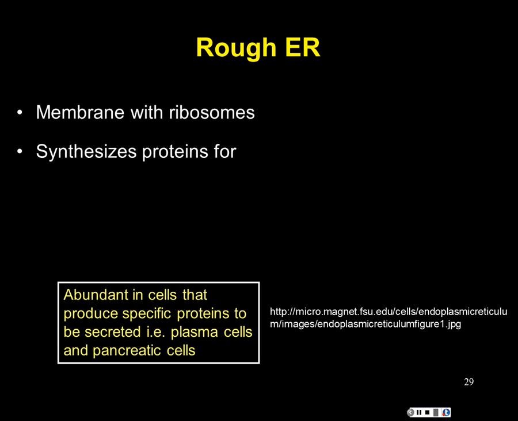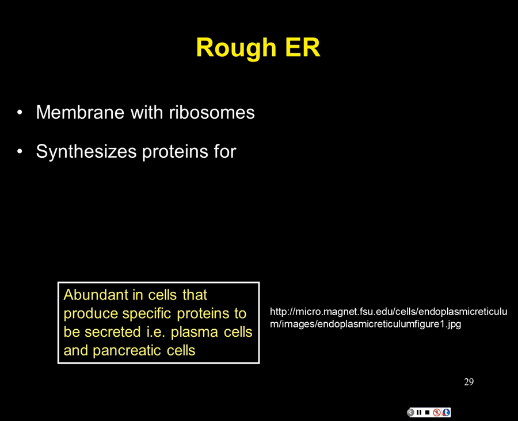What else? Well, it will be processed in the Golgi, very good. And then after it gets processed in the Golgi, where's its ultimate fate of distribution? Where would a protein made at the rough ER ultimately go?